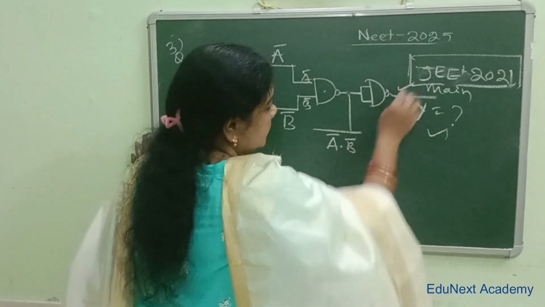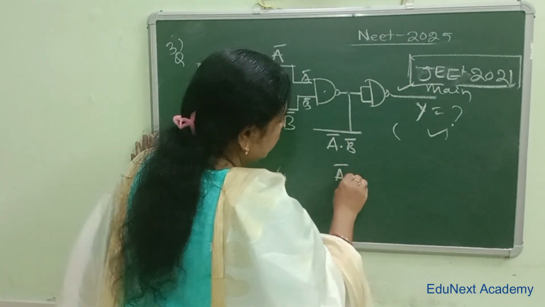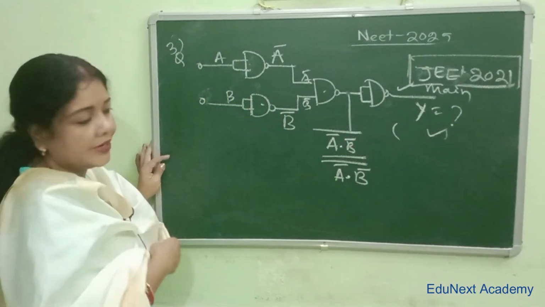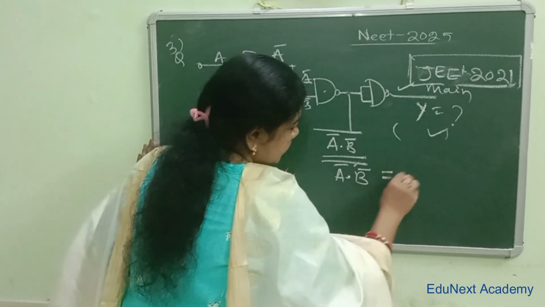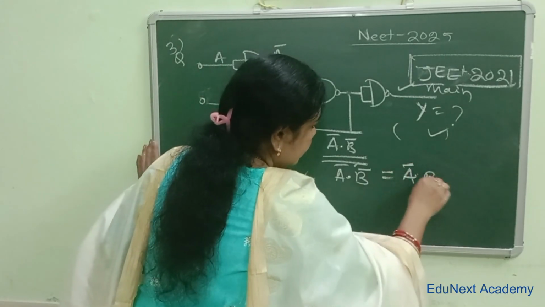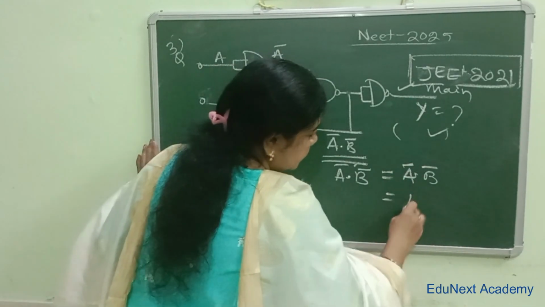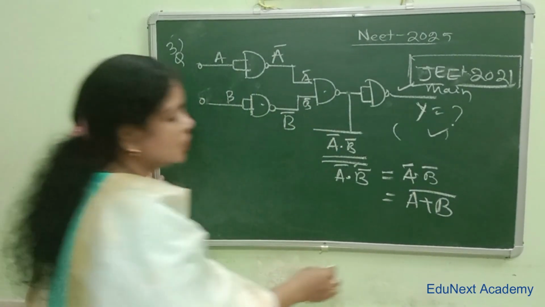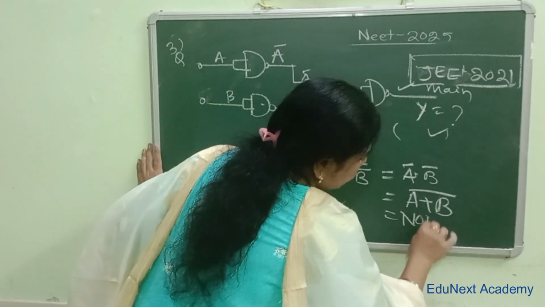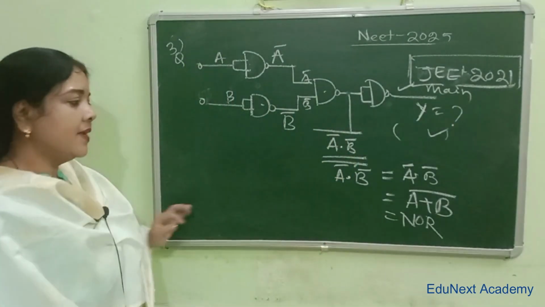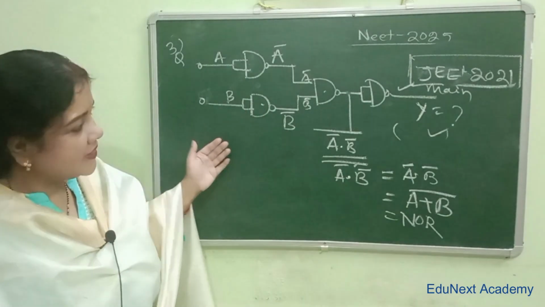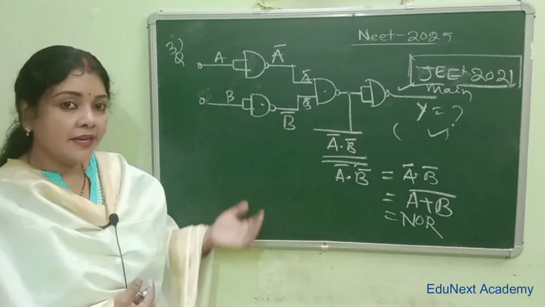Then after this, because this is also a NOT gate, the complements cancel out, giving A complement dot B complement. That is nothing but (A plus B) bar, which means it is a NOR gate. So now see how you are getting a NOR gate by using NAND. Right? So this type of question definitely comes.